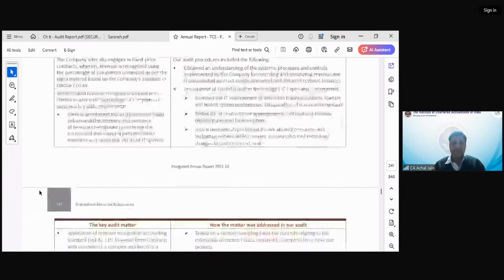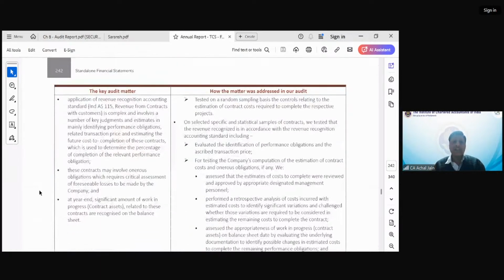That is one. Further, he's saying the application of the revenue recognition accounting standard is complex. So he's saying this accounting standard is quite complex in itself. It involves a number of key judgments and estimates. These contracts may involve onerous obligations. At the year end, a significant amount of work in progress related to these contracts is recognized.